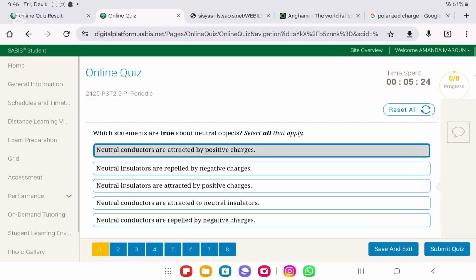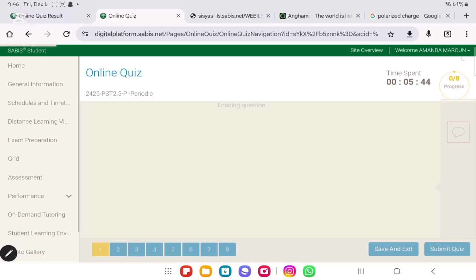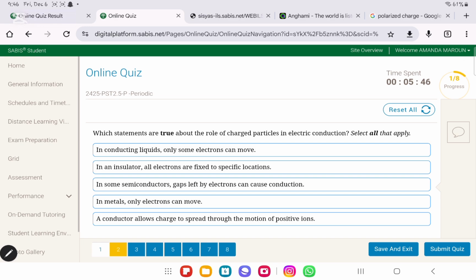Moving on, neutral insulators are repelled? No. Neutral insulators are attracted, yes, by positive charges. Neutral conductors are attracted to neutral insulators? Definitely not. It's either attracted to a positive charge or a negative charge. Neutral conductors are repelled by negative charges? Definitely not. So that's the first question done.